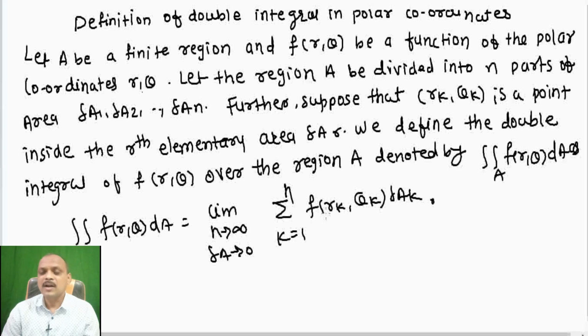And if r k comma theta k is a point inside the r-th elementary area delta A r, then we define the double integral as on your screen.